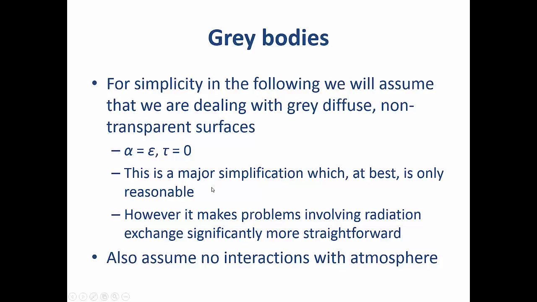All of this represents a set of major simplifications, and at best will only be reasonable. However, without making these sorts of simplifications, the problems will become too complex for us to analyse in the context of this course. The other thing I'm going to assume at the moment is that there are no interactions of radiation with the atmosphere.